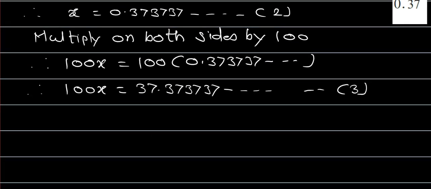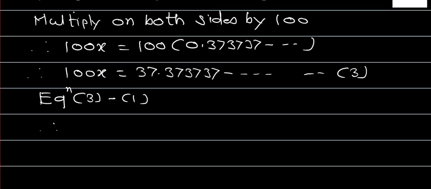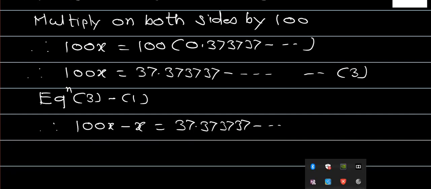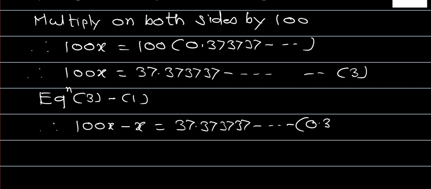Now again equation 2 minus equation 1. Therefore 100x minus x equals 37.3737 dash dash minus 0.37 dash dash.